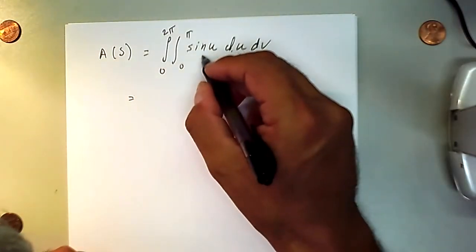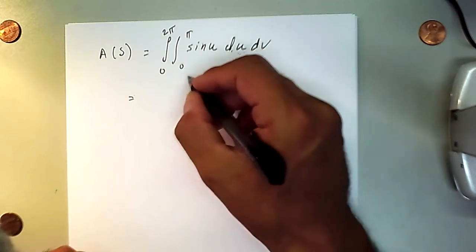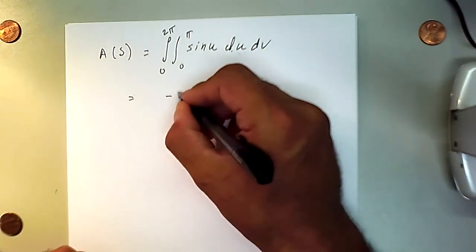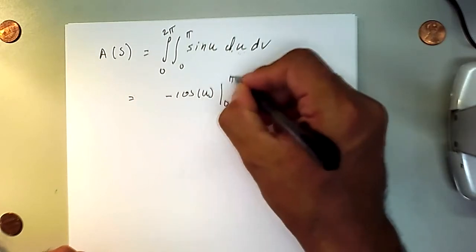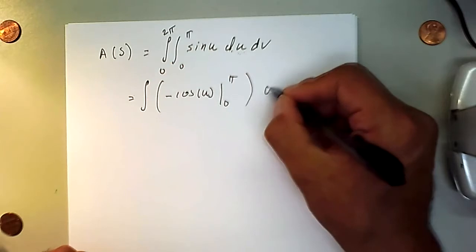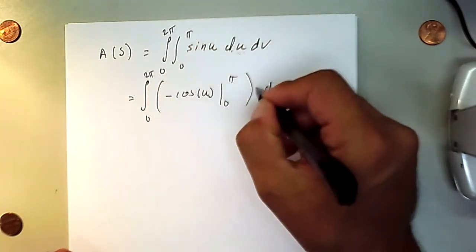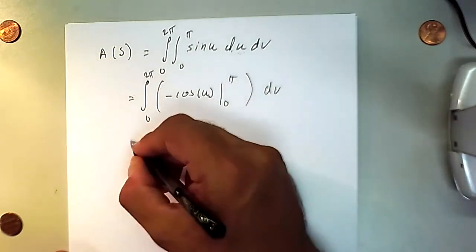The antiderivative of sine with respect to u is going to be negative cosine. So we're going to have negative cosine of u from 0 to pi. Then we're going to take the integral from 0 to 2 pi. If you factor that out, it will work out anyway, but I'm going to keep it the way it is.